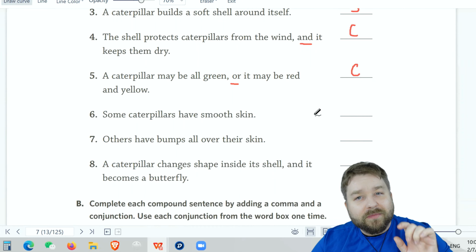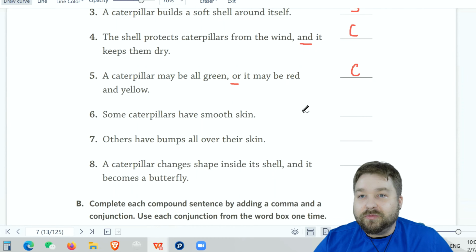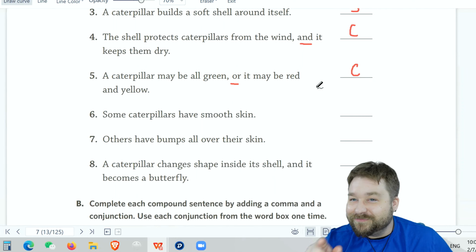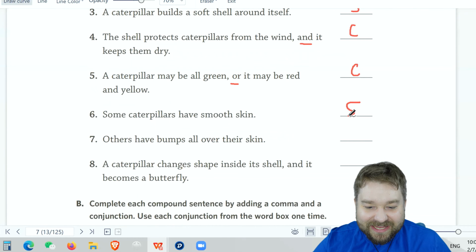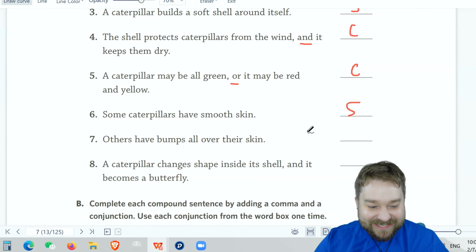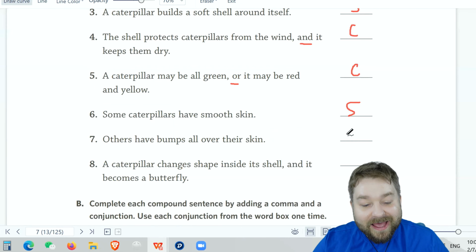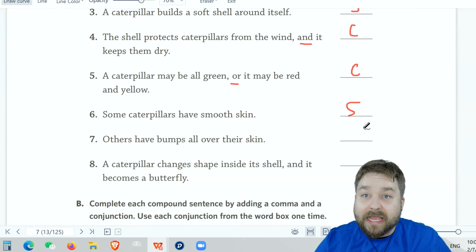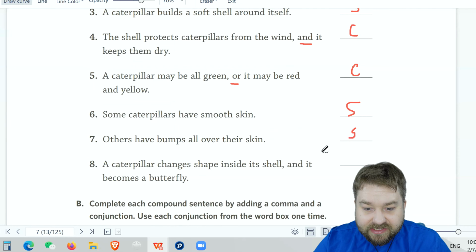So, number six, some caterpillars have smooth skin. Simple sentence. You got it. Number seven, others have bumps all over their skin. It's one idea, right? It's a simple sentence again.